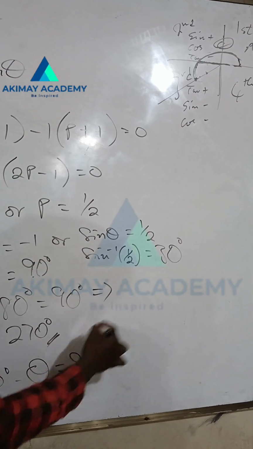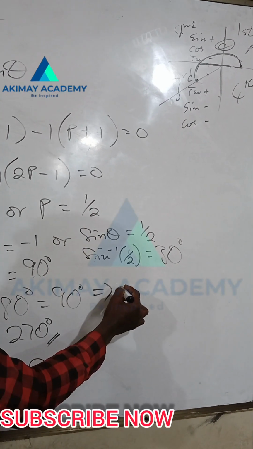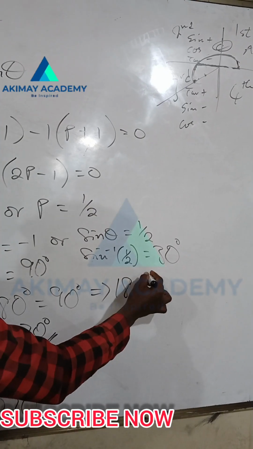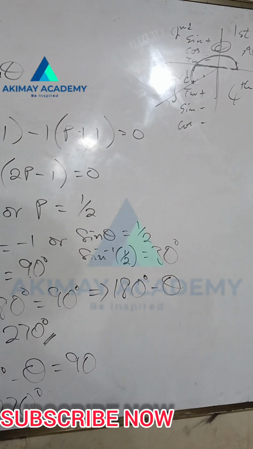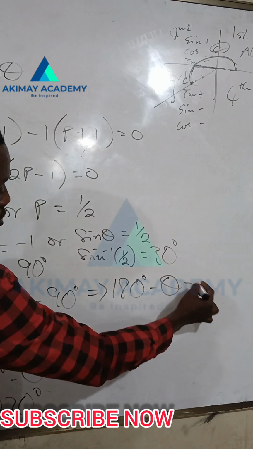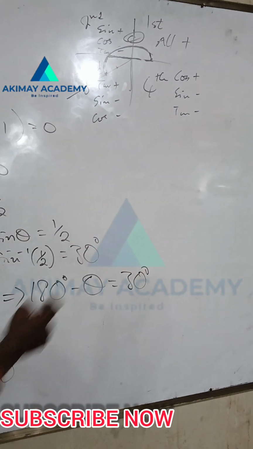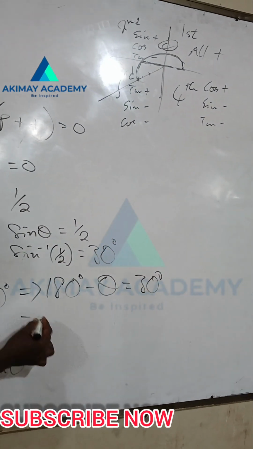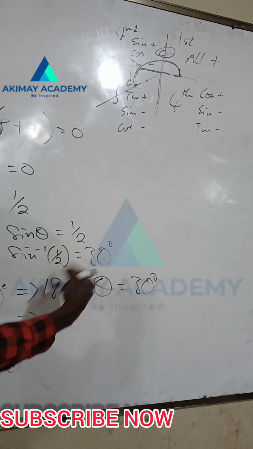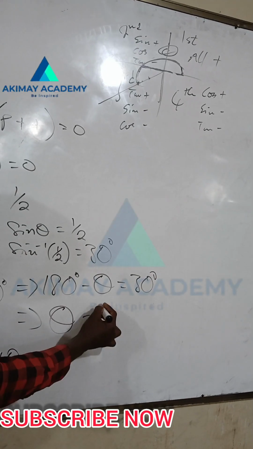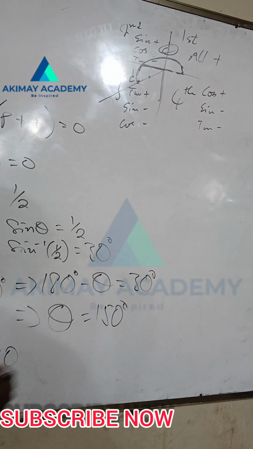So over here, in the second quadrant, we know that 180 degrees minus theta is the expression to find our theta. And this should be equal to our 30 that we have found here. Making theta the subject, we know that theta is equal to 150 degrees.